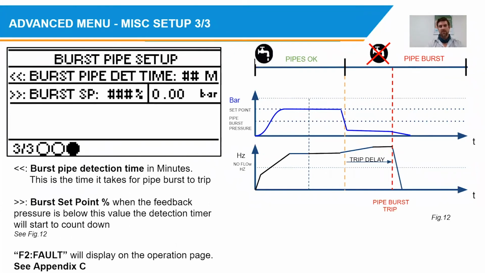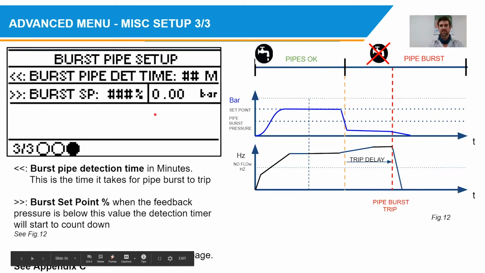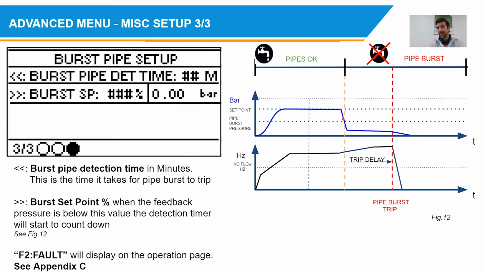Last on the advanced menu was another request from a client for pipe burst detection. So that's a very simple detection that we've added, where if you are below your pipe burst pressure, in other words, which is typically below your set point, for a trip delay time, the system will think that there's a pipe that has burst, you can't get to your pressure, and it would trip.